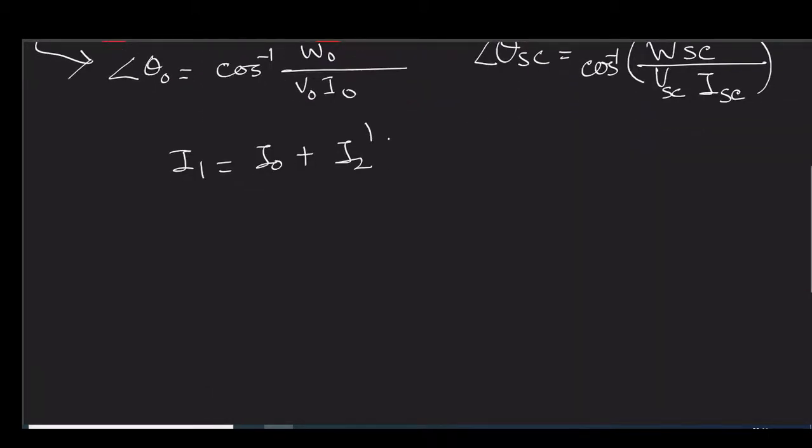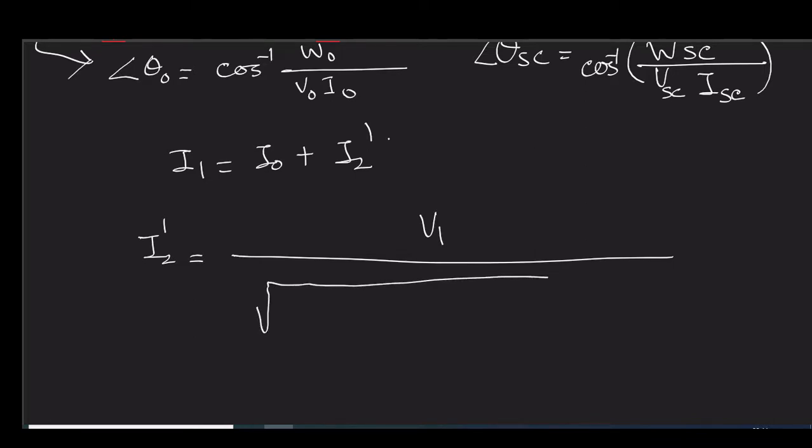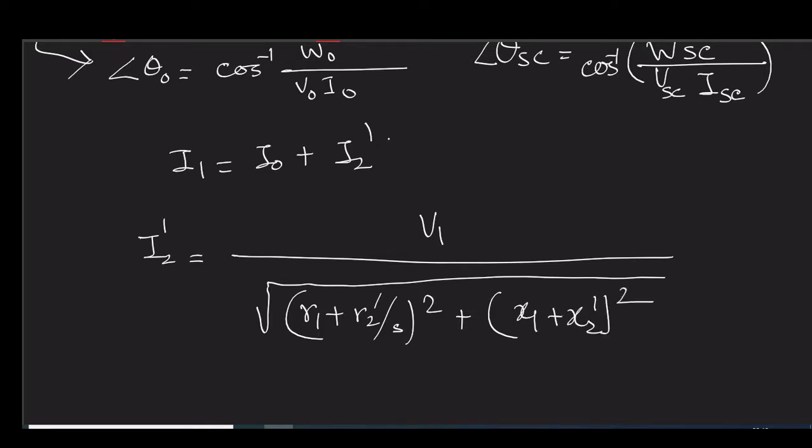It will help you: I2 dash is equal to V1 by root under R1 plus R2 dash by S whole square plus X1 plus X2 dash whole square.